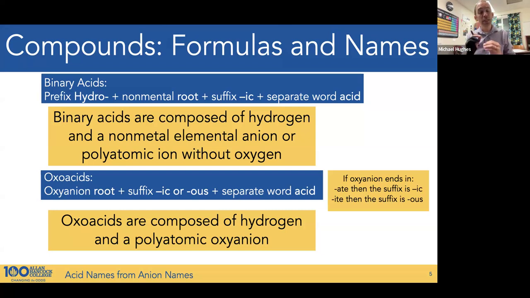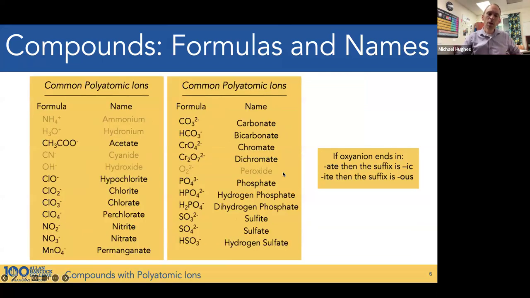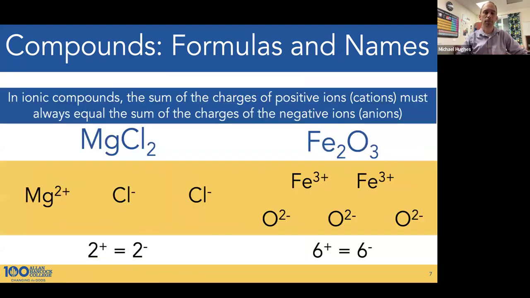We have two choices then, an oxyanion that ends with "ate" or an oxyanion that ends with "ite." And those oxy acids will become ic or ous acids, always with that word acid after. And these are the different applicable ate and ite polyatomic oxo anions.